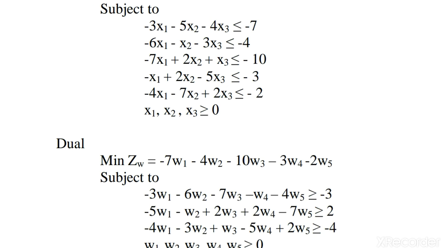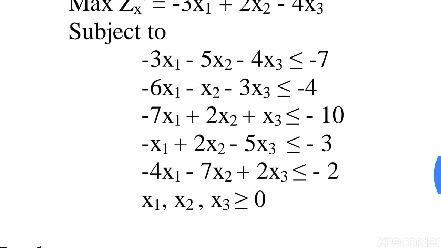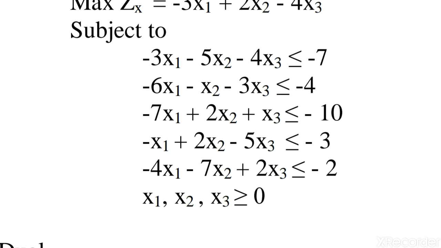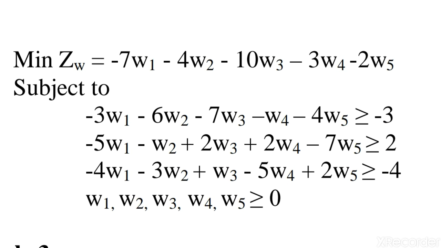Here you have 5 constraints, you just interchange: the horizontal should be placed vertical and vertical placed horizontal, and instead of the variables x1 x2 x3 you add w1 w2 w3. These w1 w2 w3 are nothing but the dual variables.